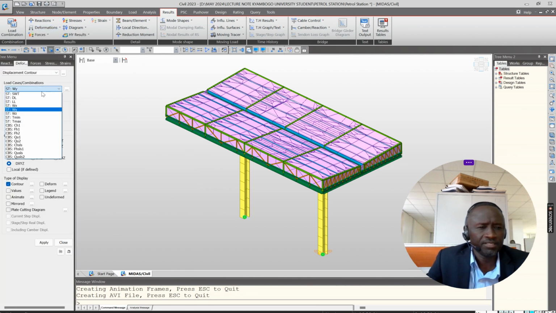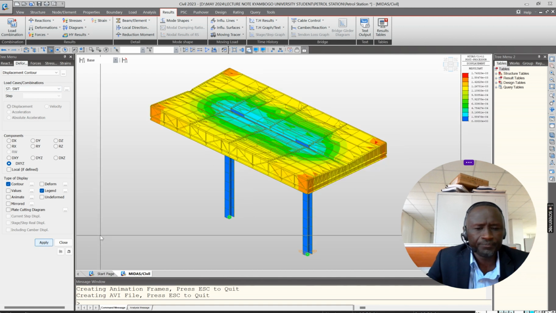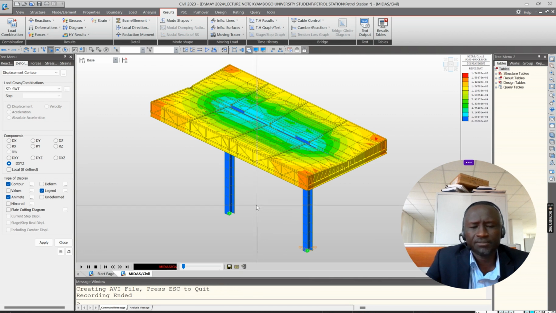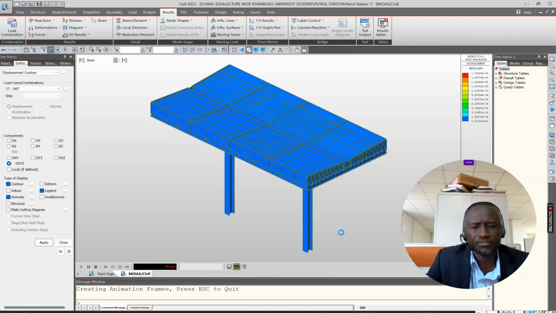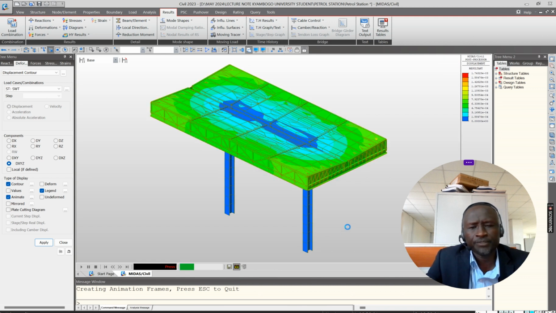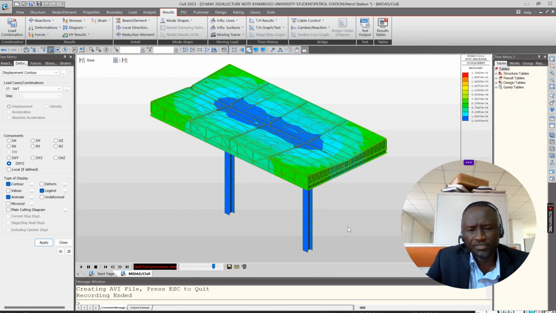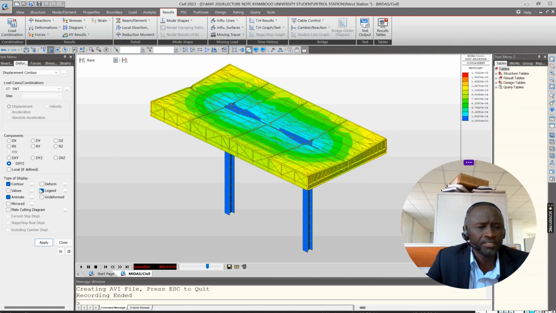Basically, you can look at the one due to self weight. How does your structure respond to self weight? You can have a look. Because you have only two support systems, highly stressed zones, highly concentrated loads are actually around the cantilever component.